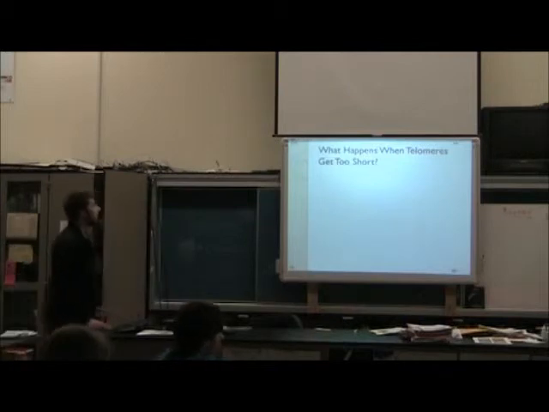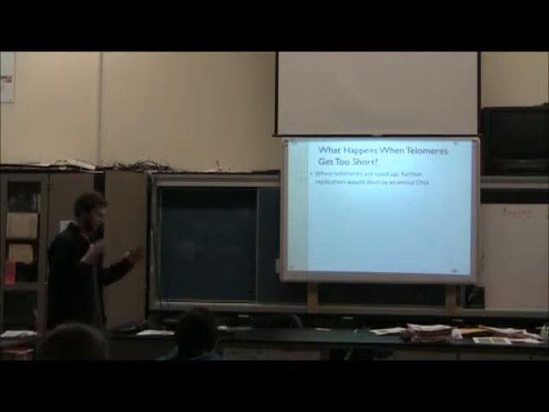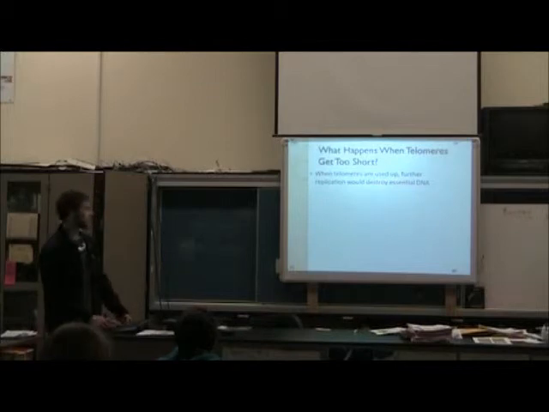Alrighty. So what happens when telomeres get too short? Well, if they were allowed to keep going, like I said before, it would end up destroying the chromosomal DNA. So then every cell after that would have damaged DNA, and would probably just turn into a tumor. You'd have cancer.